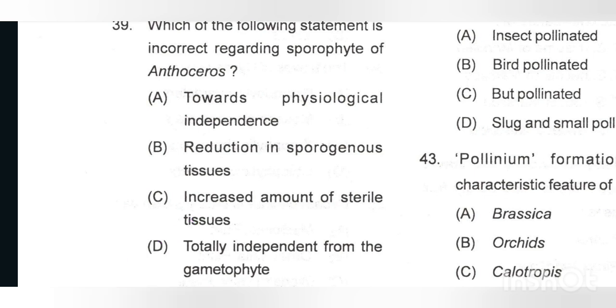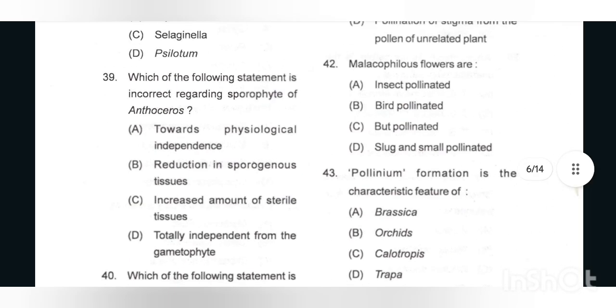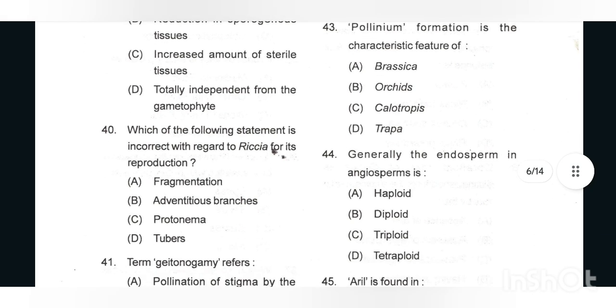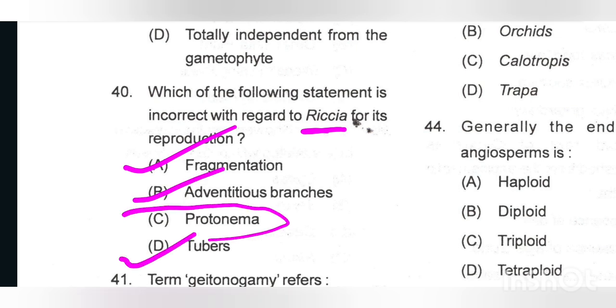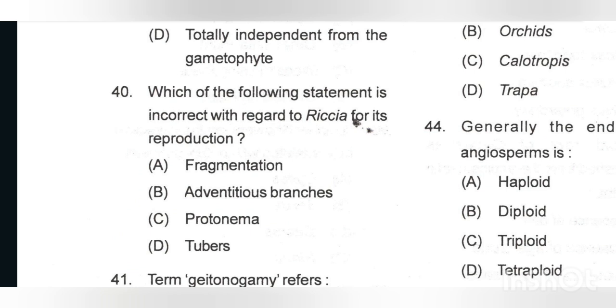It is incorrect because it is partially dependent on the gametophytic plant. Then question number 40, which of the following statements is incorrect with regard to Riccia and its reproduction? So reproduction in Riccia occurs through fragmentation, through adventitious branches, through tubers, but the protonema stage is absent in Riccia. So here the correct answer is option C.